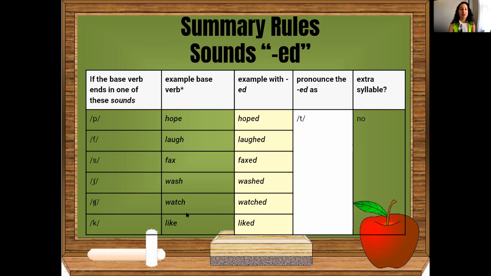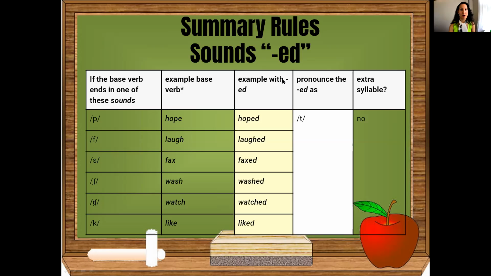Now, if you have a hard time understanding how to pronounce the word or the sound, just look at my mouth. Watch, watch, okay? Here's another one, like. We don't pronounce the E, so it's a strong K, like.